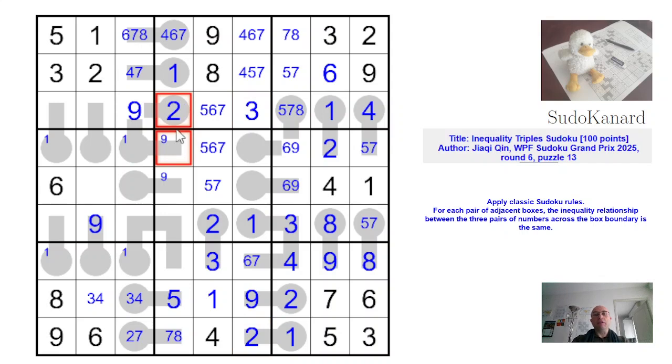And this now can only be ascending. Oh, and this is also ascending. And those must be ascending as well, so that this can't be a 7 anymore. And here it can't be a 7, that can't be a 5.